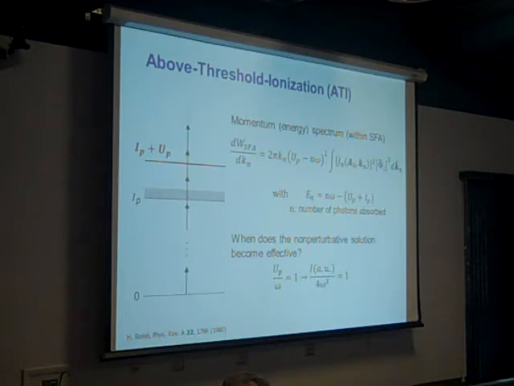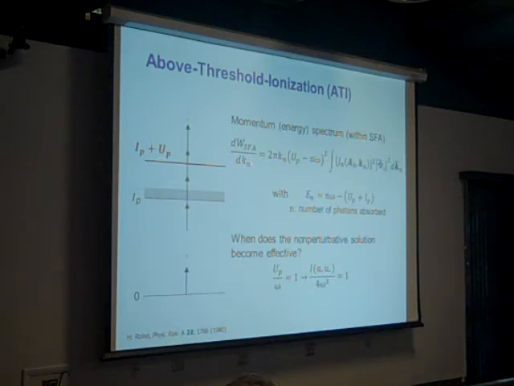This theory tells me now that I don't only have to overcome the ionization potential, but I have to give the electron also the quiver energy that it has in the field. You can think about this as shifting the limit to the continuum from IP to IP plus UP.